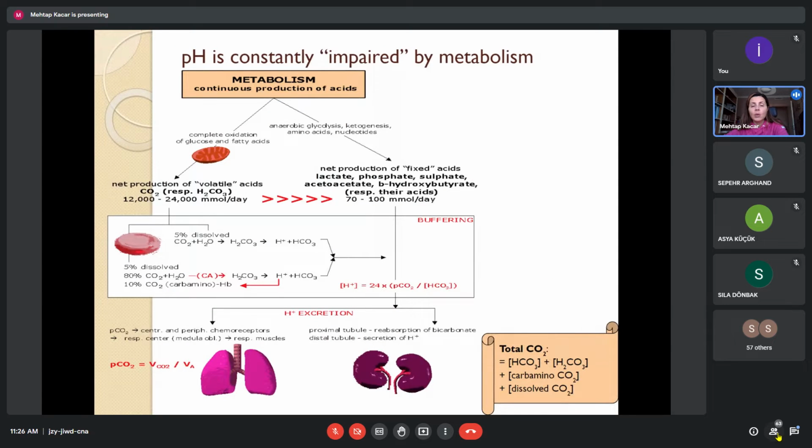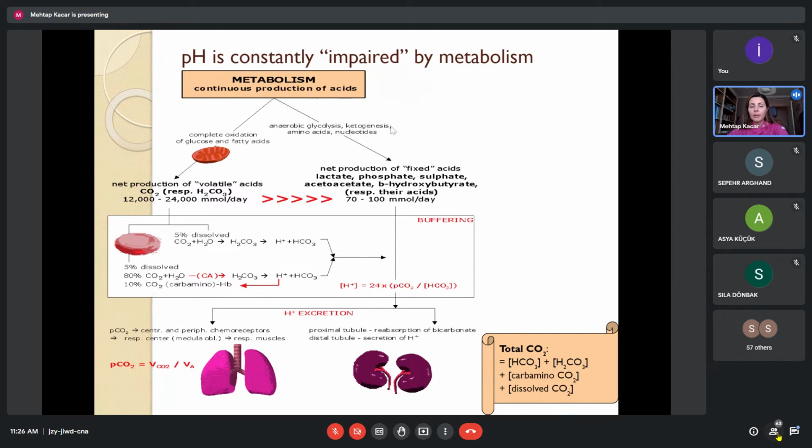pH is constantly challenged by metabolism because metabolism leads to continuous production of acids. Complete oxidation of glucose, fatty acids and other energy sources leads to net production of volatile acid, carbon dioxide.